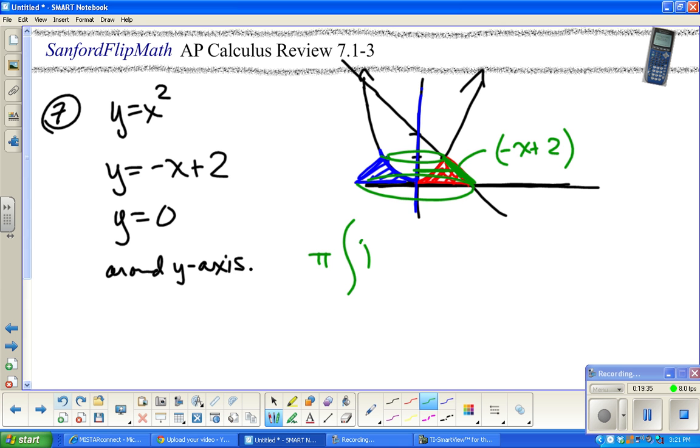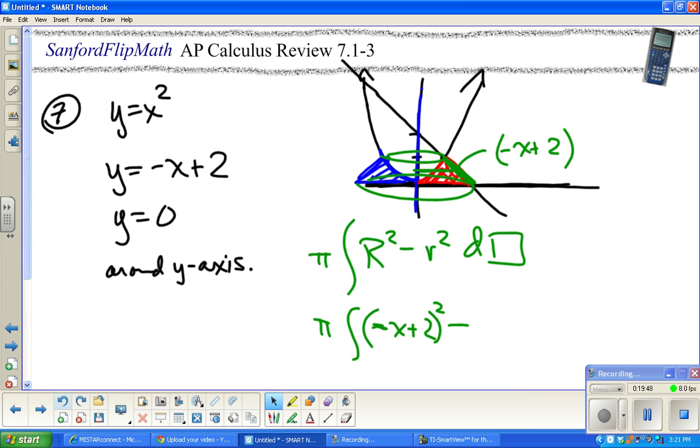So this is the setup we're following. This is going to be pi times big radius squared minus, okay, the little radius, isn't that coming from x squared? So the parabola.